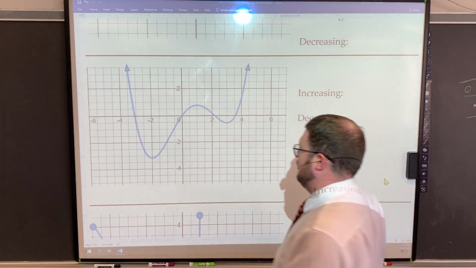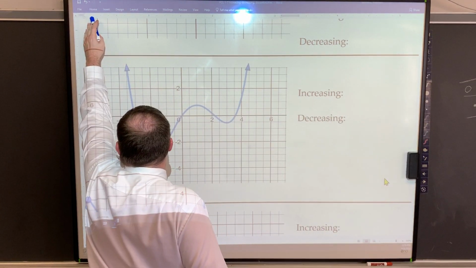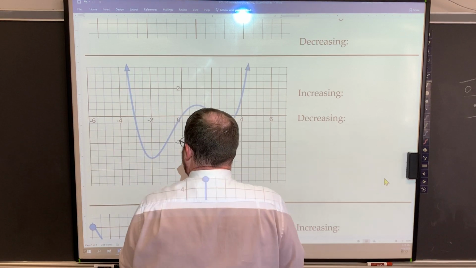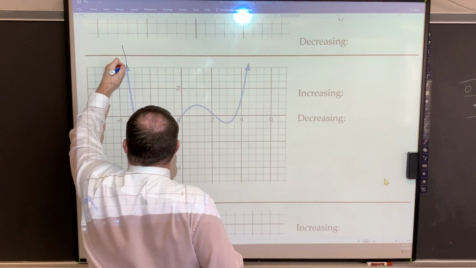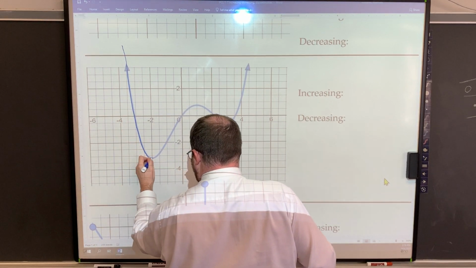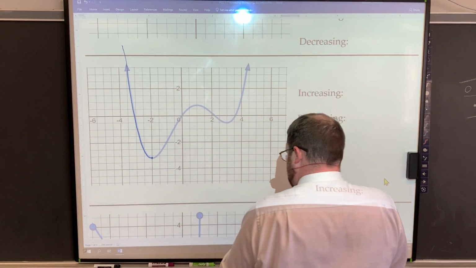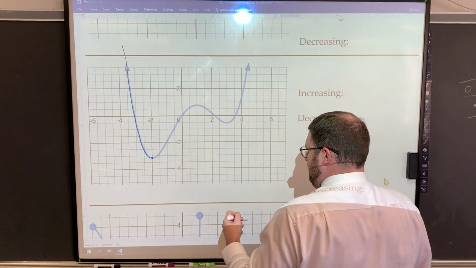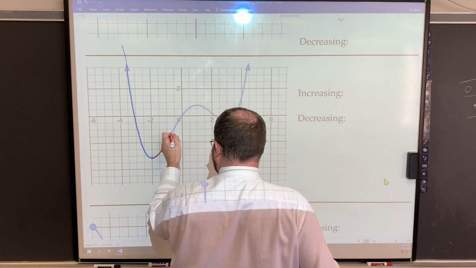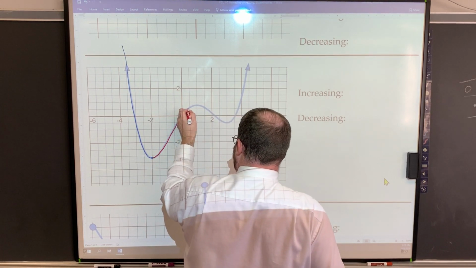So from left to right, from this infinite direction over here, as we're going to the right, it's coming down as we're going from left to right. So it is decreasing right here. And then at this point, it turns around, that's our turning point, and it starts increasing. It keeps increasing, it keeps increasing.